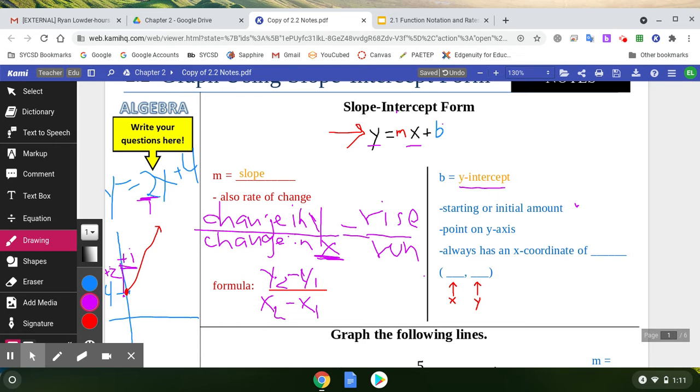The y-intercept is also the point that's on the y-axis. So that is the mathematical definition, that it's the point that intersects the y-axis. Because of this, the y-intercept always has an x-coordinate of 0. So then the ordered pair would always be (0, b). So whatever the value of b is, that is your y-intercept.